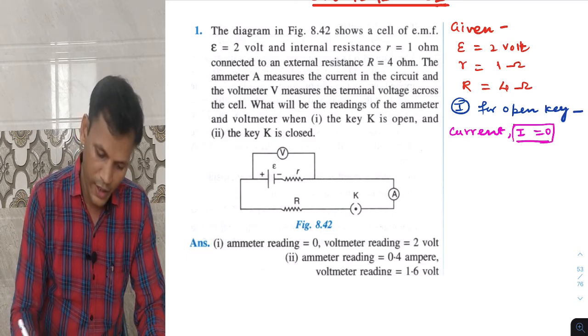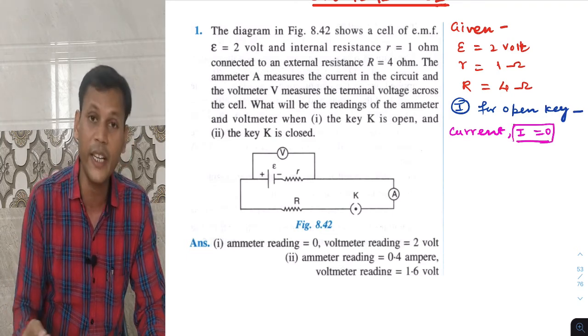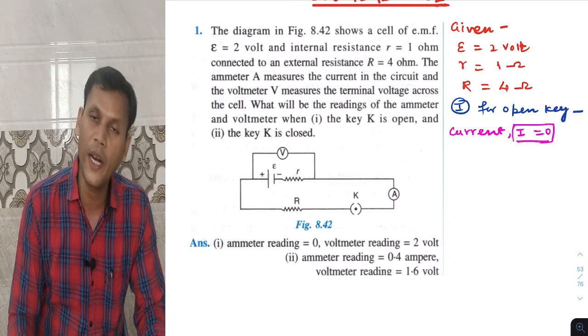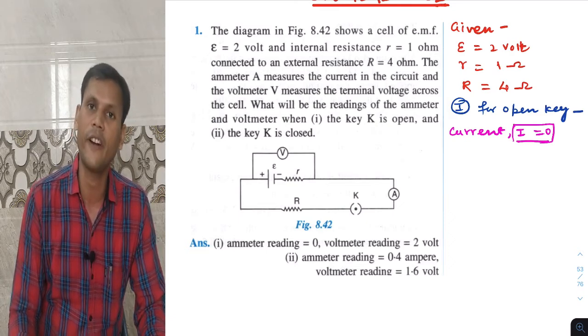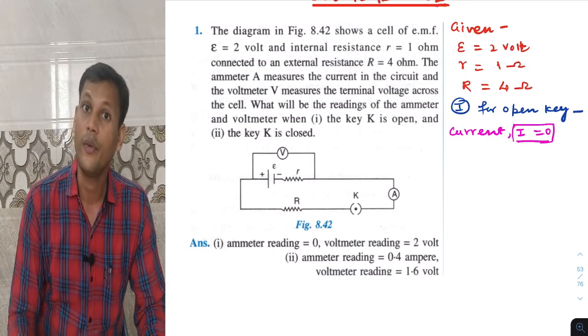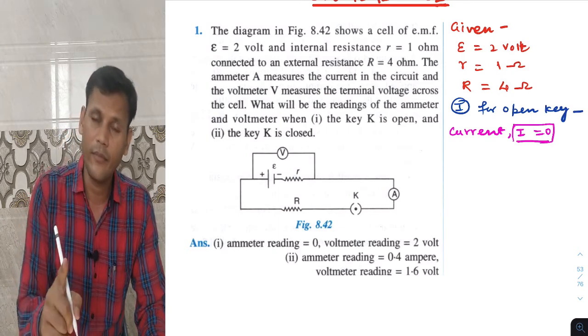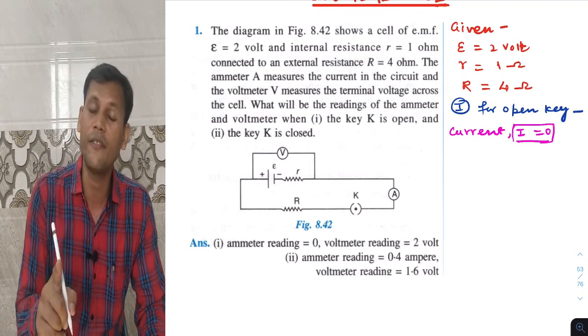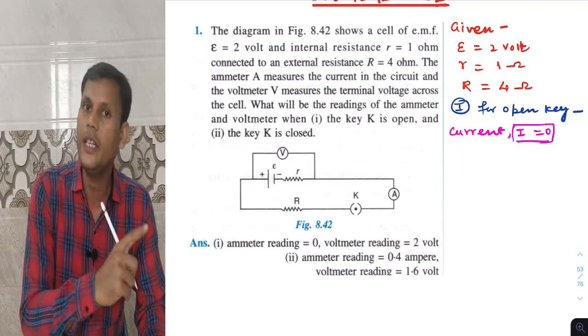Now, what will be the voltmeter reading? We know for an open circuit, the potential difference is equal to the EMF.